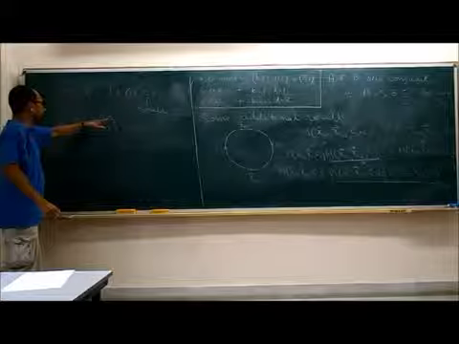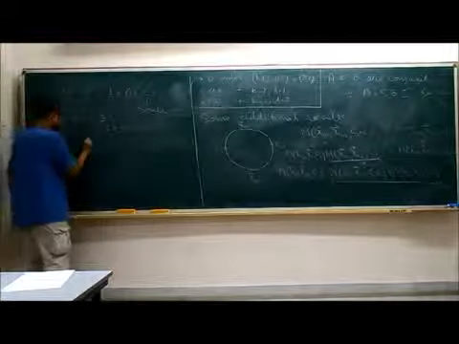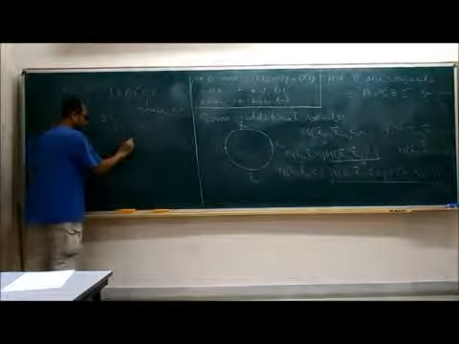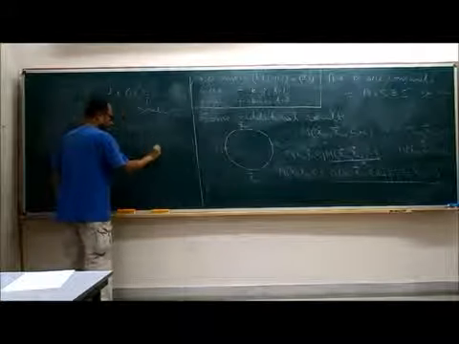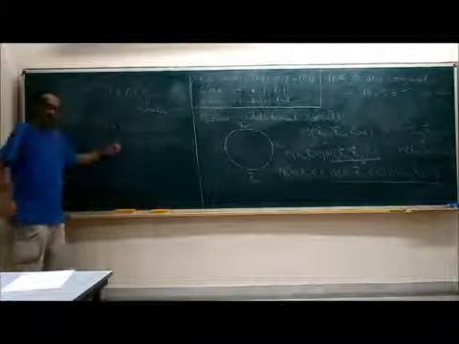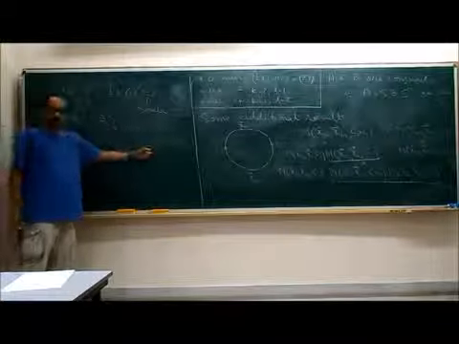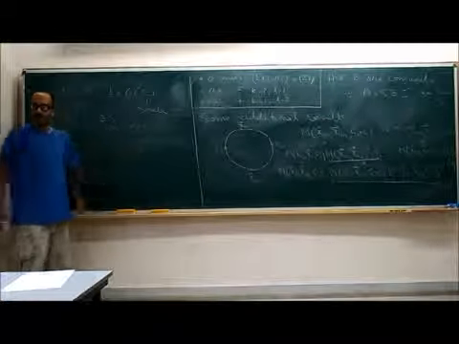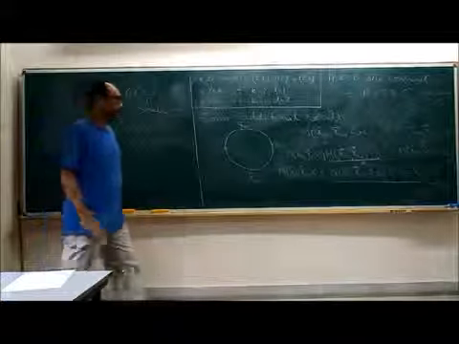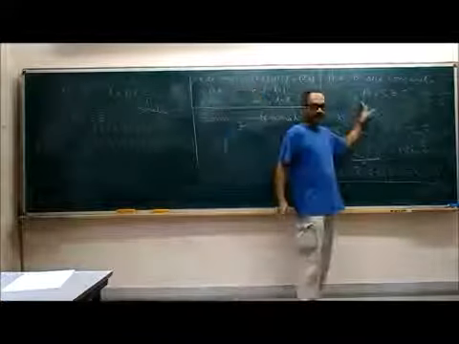Because S B S inverse is after all S I S inverse plus S order epsilon times S inverse. And as long as S is a finite matrix, this makes it identity and this remains of order epsilon. So if B is close to identity, then so is A, and vice versa.